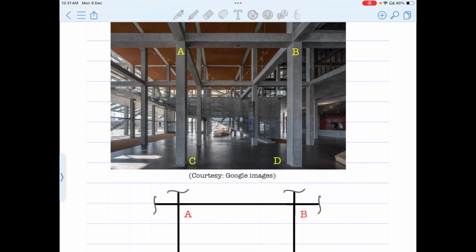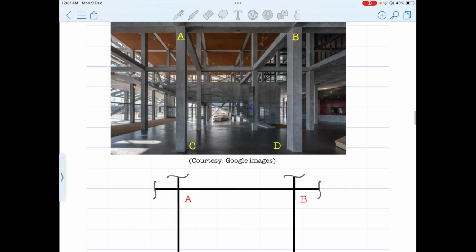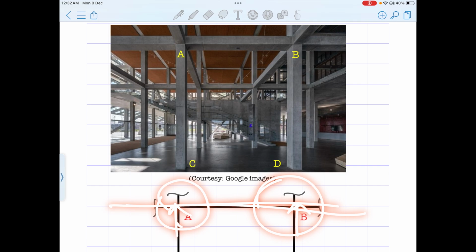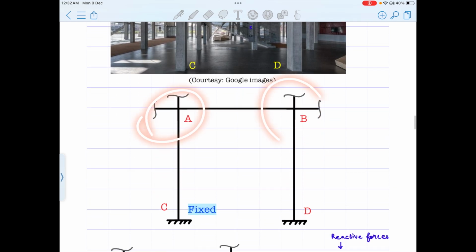And what about these two connections? When we carry out the analysis, we consider this as a continuous beam. So these are intermediate supports here. Therefore, here the rotations need not be zero as such. So we can't say these are fixed ends.